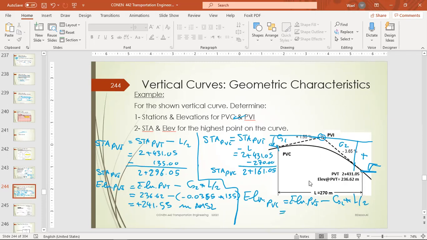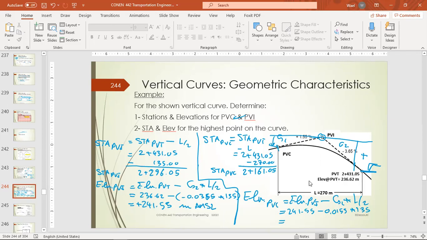So here it will be the value that we got here, 241.55 minus 0.0155 multiplied by L over 2, 135.